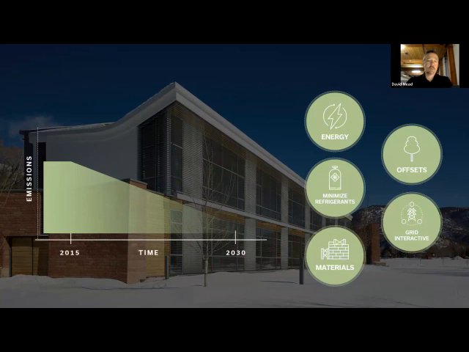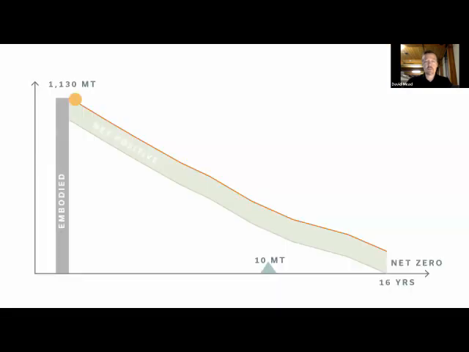And that was also kind of a wake-up call for me, where even here, this very sustainable, thought-leading project took about 16 years to hit zero. So here you can see the embodied carbon, the net positive drawdown. This is a blip on some refrigerant leakage assumptions, and then down to net zero.